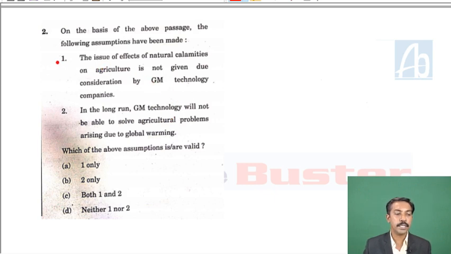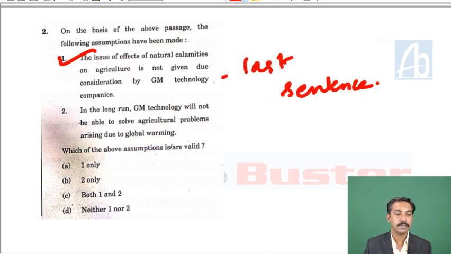Statement 1 is true. The reference is in the last sentence. Statement 2, in the long run, GM technology will not be able to solve agricultural problems in future. We cannot say. So the second assumption is not valid. Answer is option A.